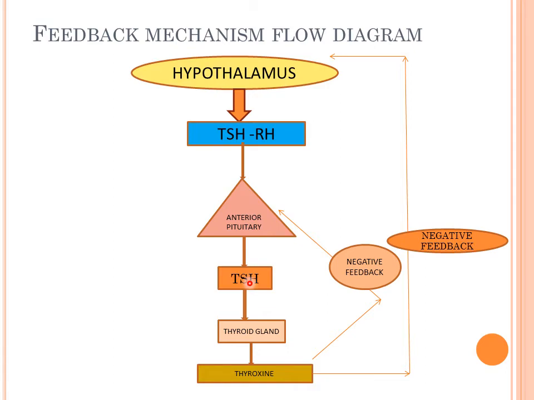On the other hand, if the level of thyroxine is more than normal in the blood, what will happen? We will always give a negative feedback. This negative feedback is seen on the hypothalamus as well as on the pituitary.